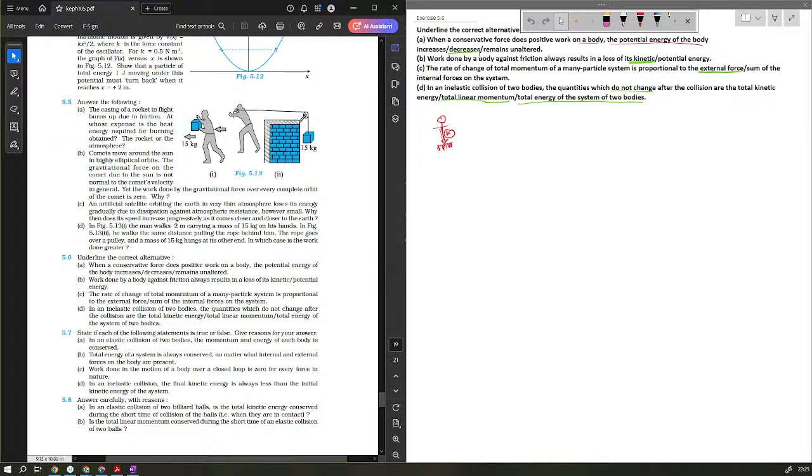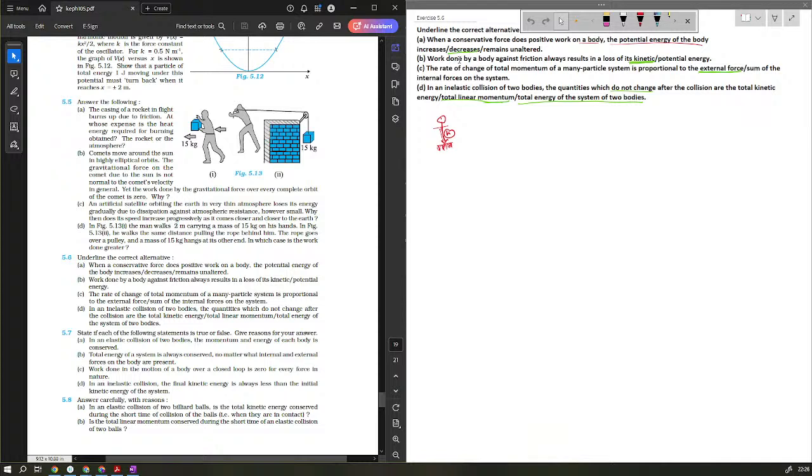Let us assume that a ball is falling under the influence of gravity, and we know that potential energy is given by mgh, where h is the height of the body. When the ball is falling due to gravity, h decreases, so the potential energy will decrease. The work done by the conservative force, here the gravitational force, is positive. So when the work done by a conservative force is positive, the potential energy will decrease.